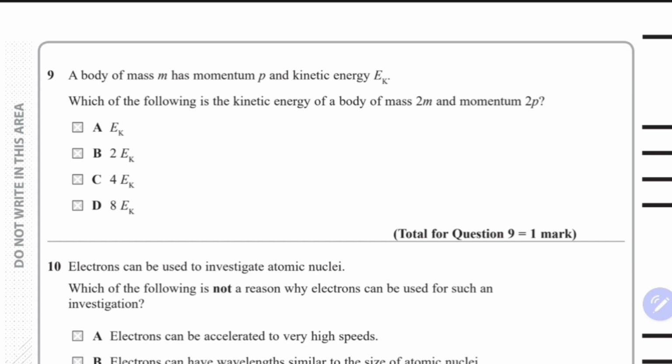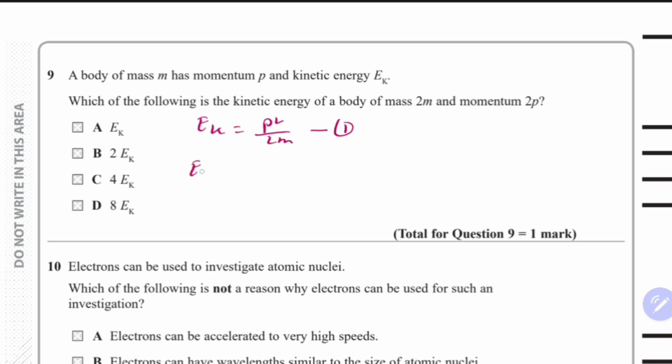Number 9. A body of mass m has momentum p and kinetic energy Ek. Which of the following is the kinetic energy of a body of mass 2m and momentum 2p? As we know the kinetic energy formula, p squared by 2m. Let's take that as equation 1.